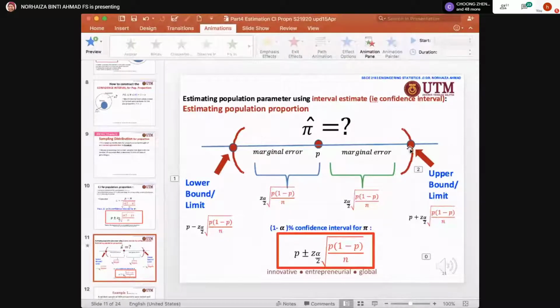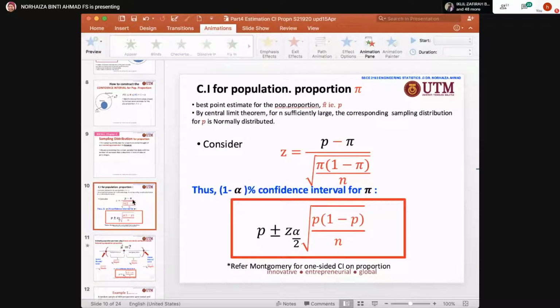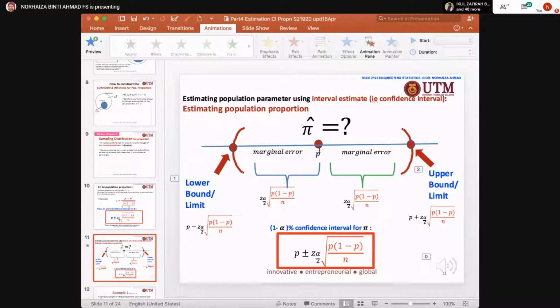This is the same story as we discussed for the confidence interval for the population mean, or for the difference between two means. The concept is still the same, because your sampling distribution is normal. Therefore, you can do p plus or minus some value, so your estimate here would lie somewhere around p. All right, so this is your confidence interval.